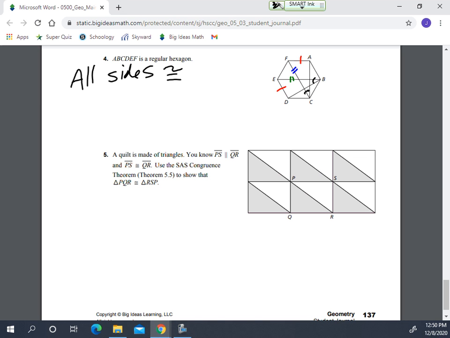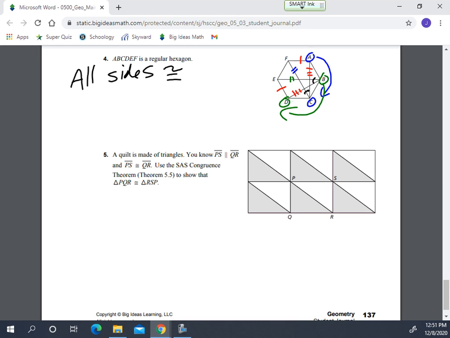What we do know, well, let's start here. If A goes to C, that's moving 2 vertices to the right. Well, B goes to D, that's 2 vertices, right? And if it's a regular hexagon, we know that the side lengths are equal as well, right?